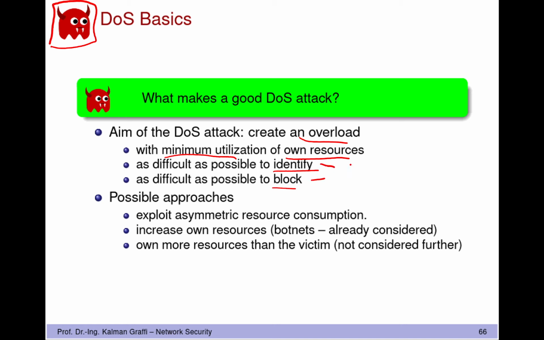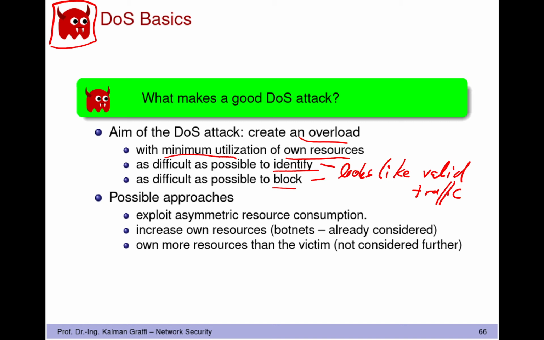That means it should look like valid customer traffic, so that if you block the malicious traffic, you cannot distinguish it from the valid traffic, and then you also block the valid traffic that the blocking side wants to avoid.